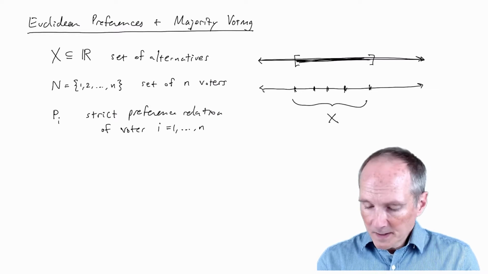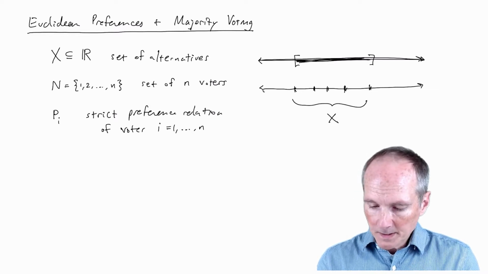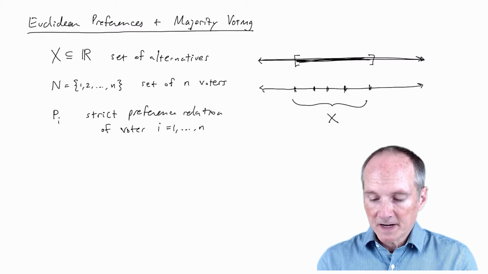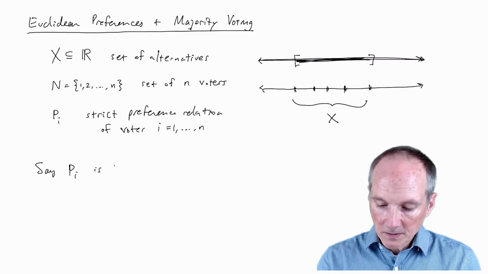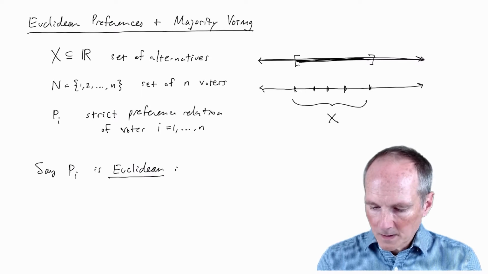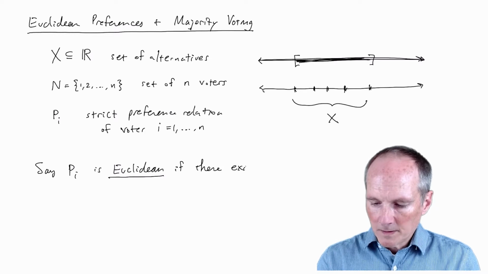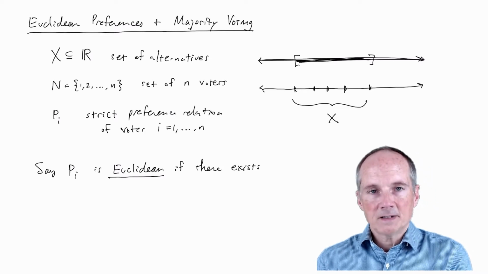So I want to start off talking about specific kinds of preferences that are common in this one-dimensional model. All right, so we will say that the strict preference relation P_i is Euclidean if basically there's an alternative that's best for this voter.